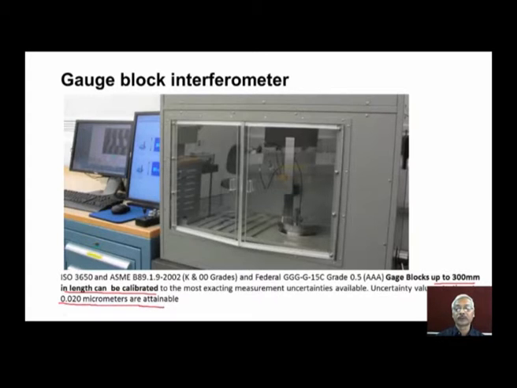So such a fine accuracy can be achieved in these gauge block interferometers. I can see the chamber where we can keep the gauge blocks to be inspected, and in this chamber we need to control the working environment, and on the monitor we can observe the fringes, and we process the signals received from the interferometer.